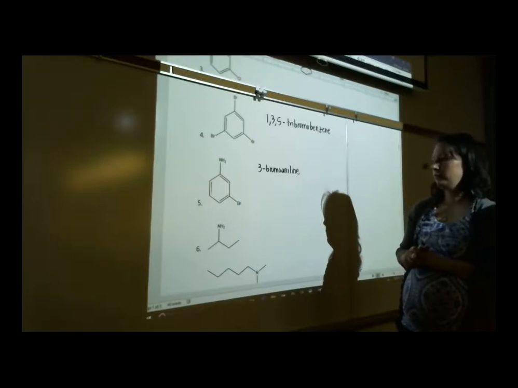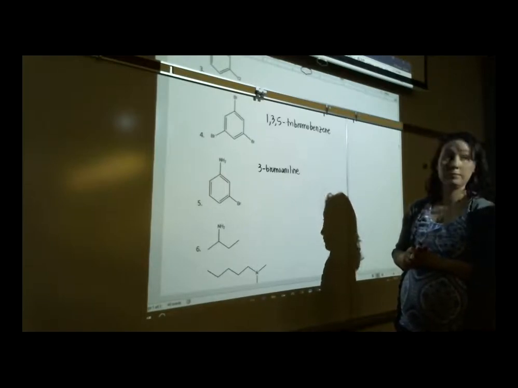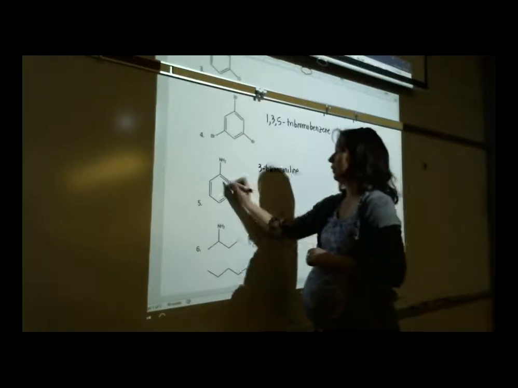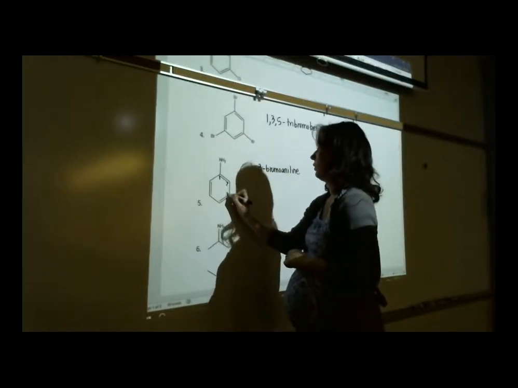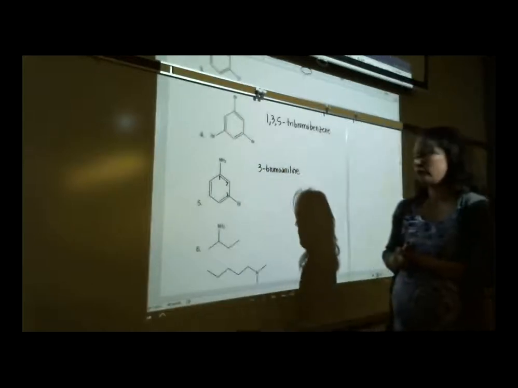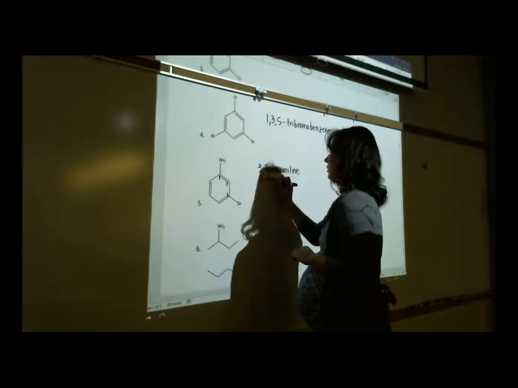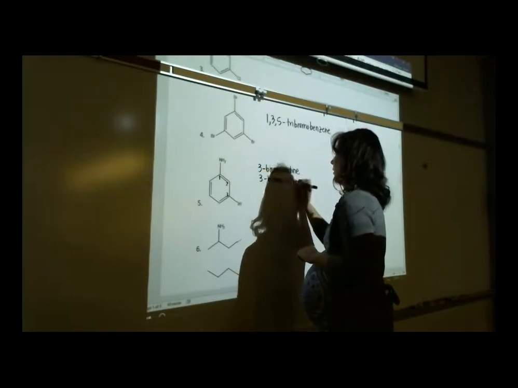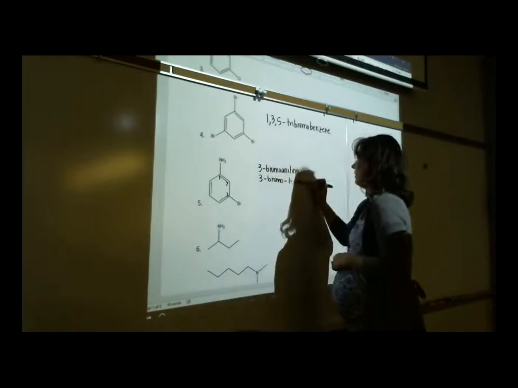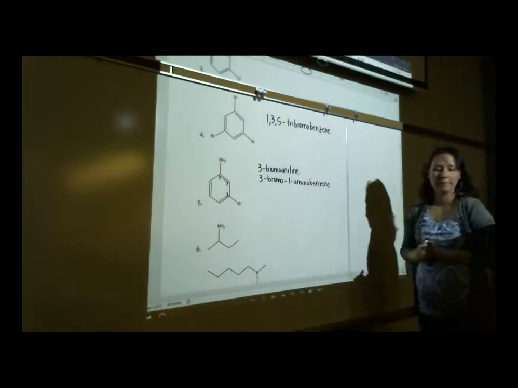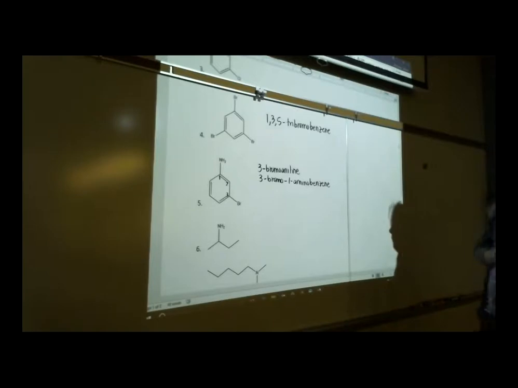You could name this as carbon 1, 2, 3, right? So you could name this 3-bromo-1-aminobenzene. That would work. And there's one more.